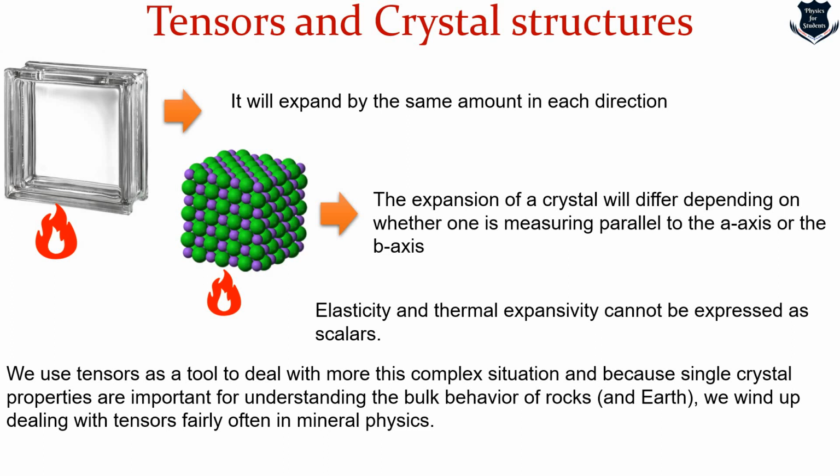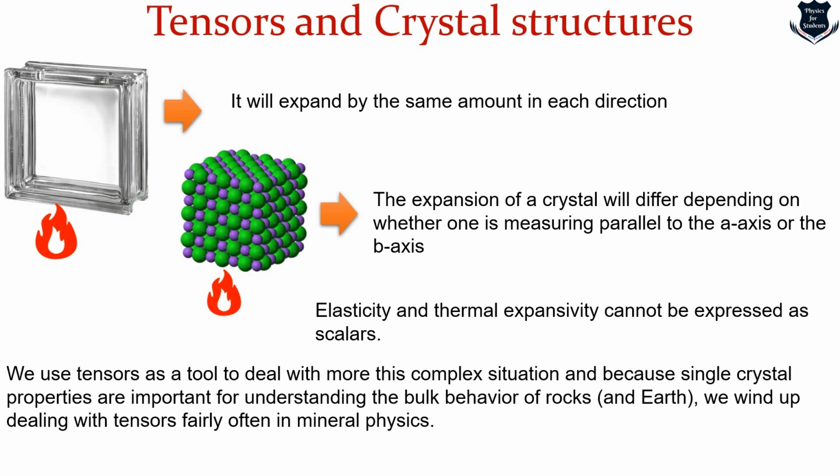So this is the reason that tensors are used to study crystals, because tensors are tools which deal with more complex situations, and because single crystal properties are very important in order to understand the bulk behavior, because once we understand one crystal, we can generalize to understand the bulk behavior of rocks.